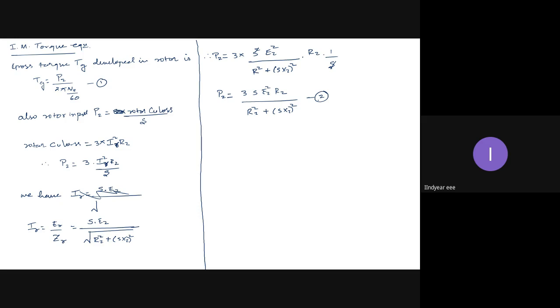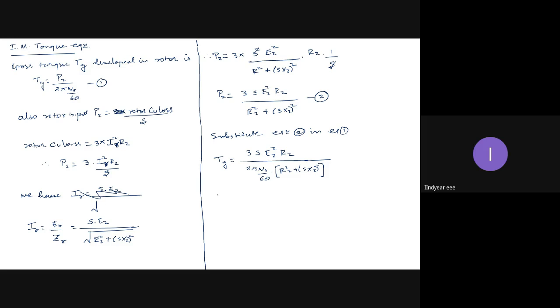Now if I substitute equation 2 in equation 1, we get Tg is equal to P2, which is 3 S E2 square R2, divided by 2 pi Ns by 60 into R2 square plus S X2 square.